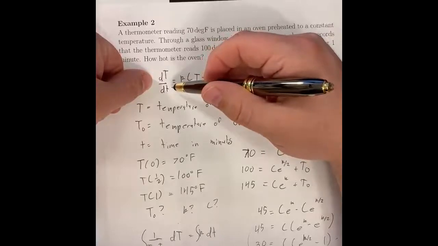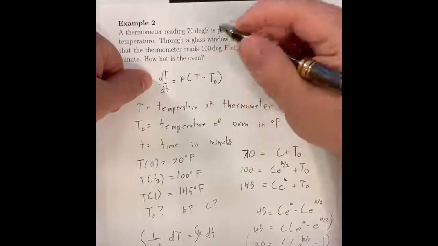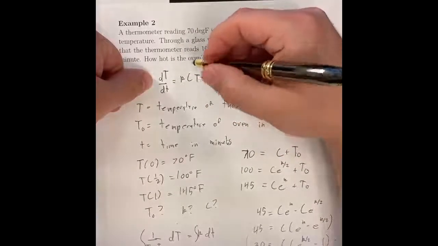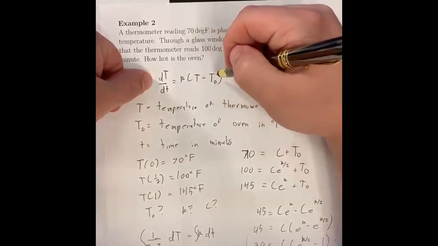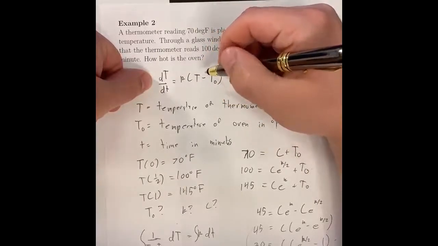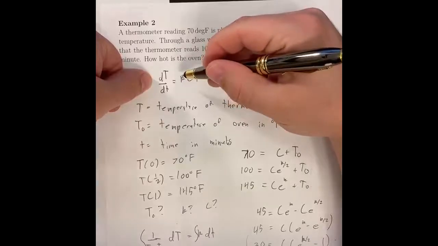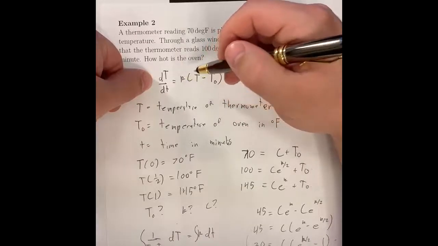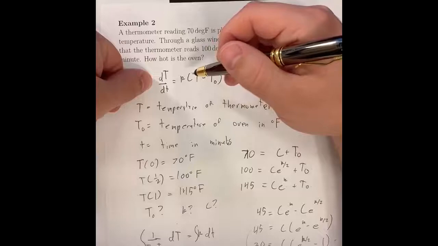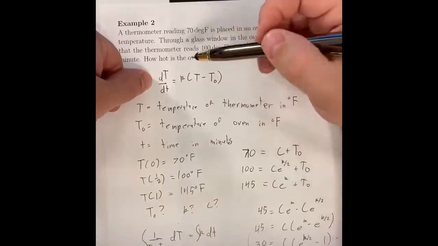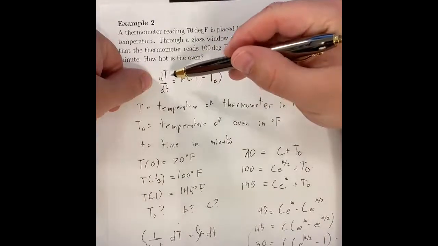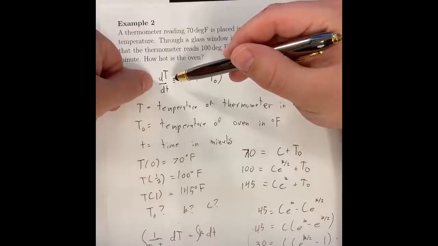It should be positive, right? If I have 100 minus 200, that's going to be a negative number, and if k is positive, I'm going to get a negative rate of change, and that's not right.